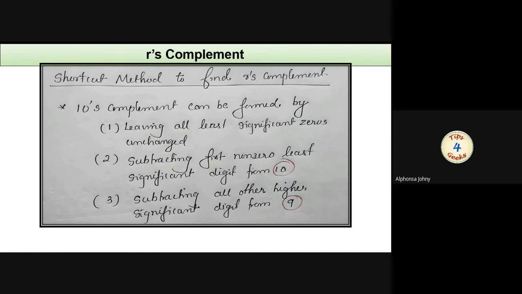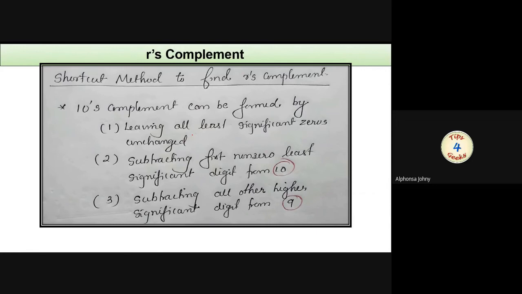Next, we will see the shortcut method to find the r's complement: the tens complement in the case of the decimal number system and the two's complement in the case of the binary number system. How can we find the tens complement in an easy way? The first rule says to leave all least significant zeros unchanged, traveling from the rightmost digit.